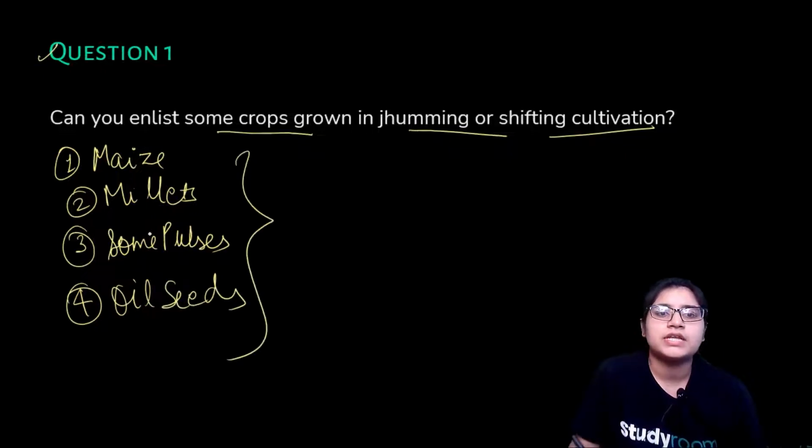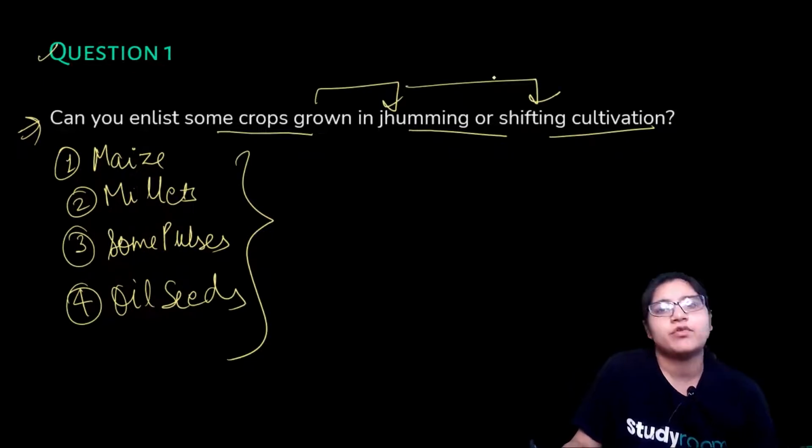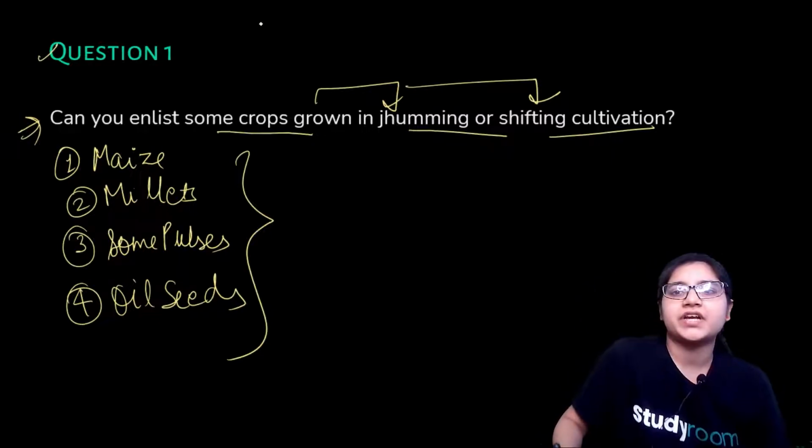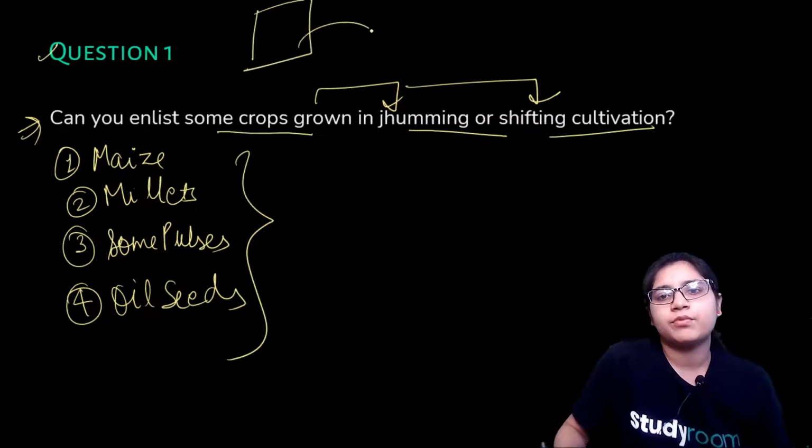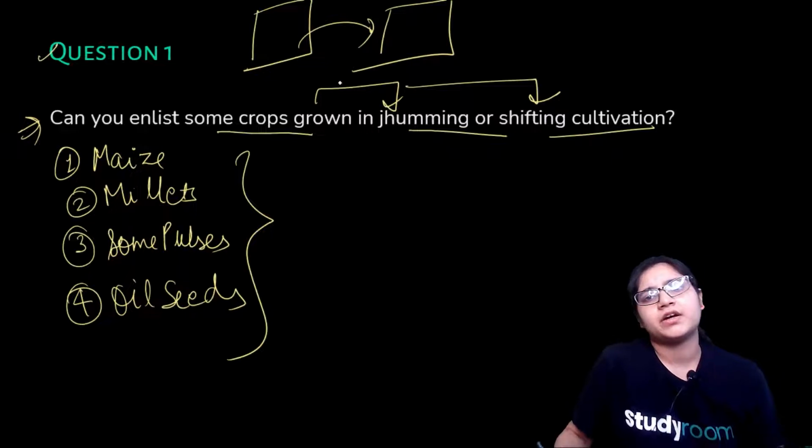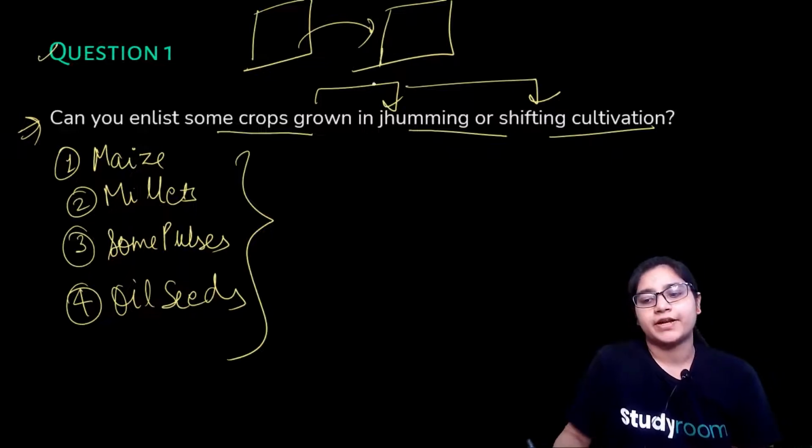Right? So, these four crops are grown in jhuming and shifting cultivation. We have already discussed in detail what is shifting cultivation. They take up a land and move to another piece of land in a span of time.